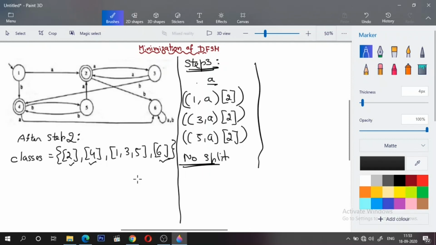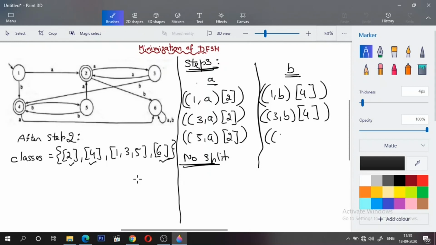But there can be a further split among 1, 3 and 5 upon B. So we have to check for that also. So what is that? 1 upon B will make a transition to 4. 3 upon B will make a transition to 4 again. Okay.